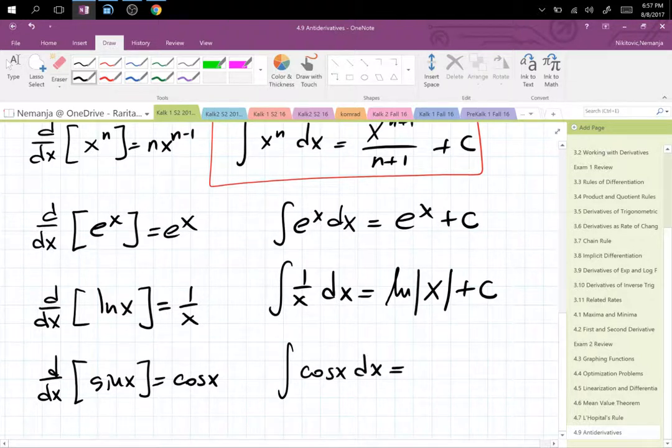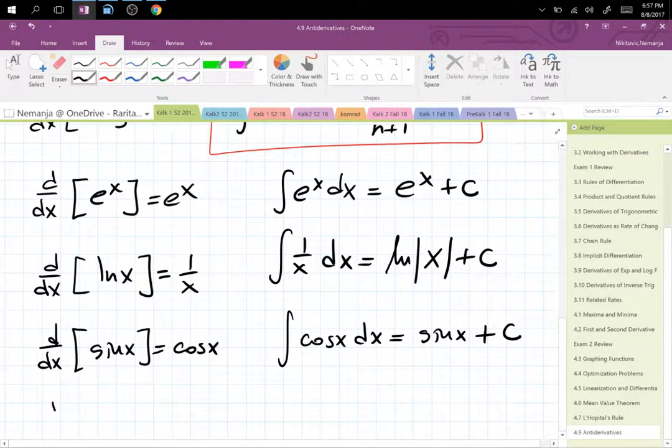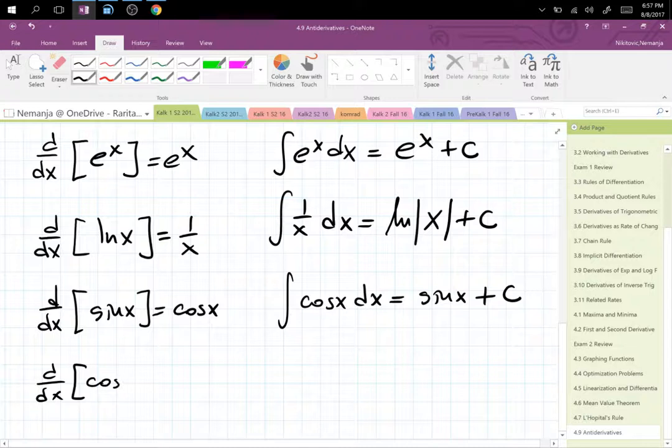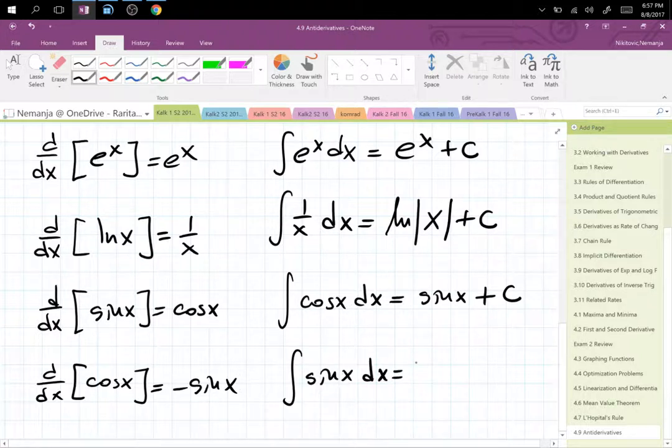What's the integral of cosine x dx? Plus c. Next one: what's the derivative of cosine x? So what is the integral of sine x dx? Negative cosine x plus c.